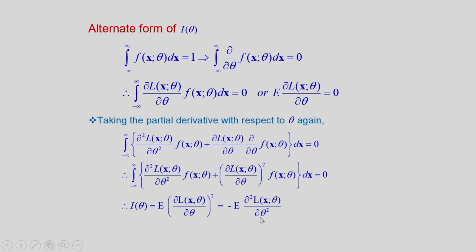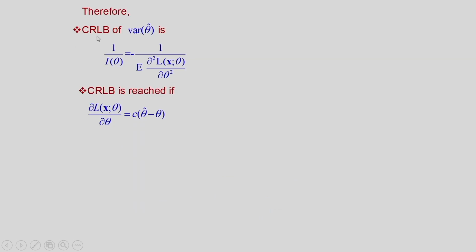So, therefore, we can write the Cramer-Rao lower bound for the variance of theta hat is equal to 1 by I(theta), that we have already established, that is equal to minus 1 by E of del square L del theta square. So, that way we can simplify this expression, and also we have established that CRLB is reached if this first order partial derivative del L del theta is equal to C times (theta hat minus theta).